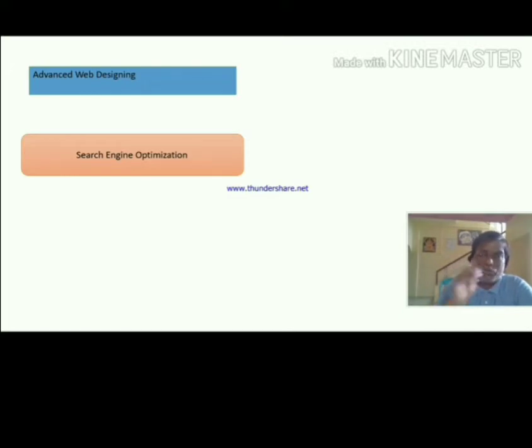Okay. Now see, suppose here there are two divs, one at the top and the second at the bottom. Now we want this div to be displayed on this location, from here to here.